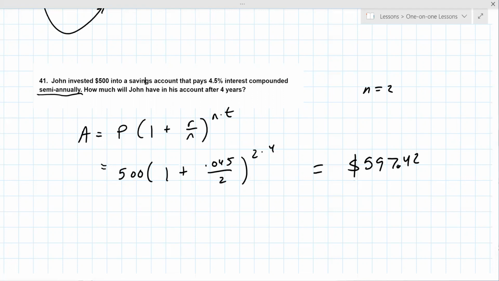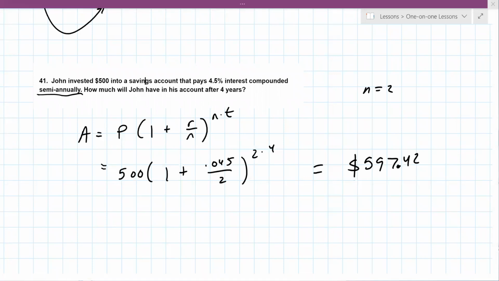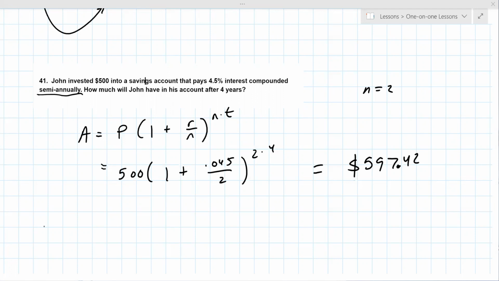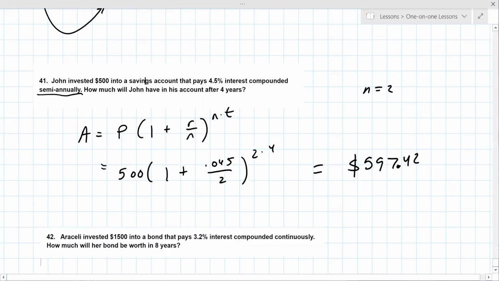All right. Last one, number 42. This one is continuous. How do you know that? Well, it says it. One will say continuous and one will not. That's how you remember this. There's nothing else that needs to be said. We're not going to make it any more complicated than that.